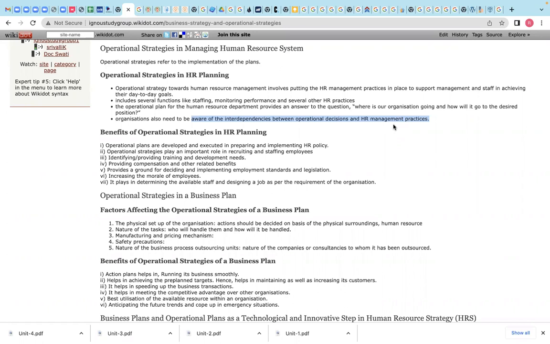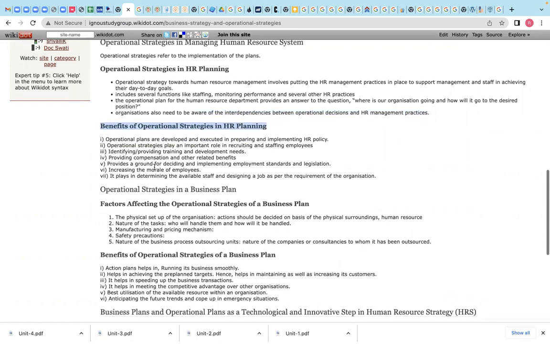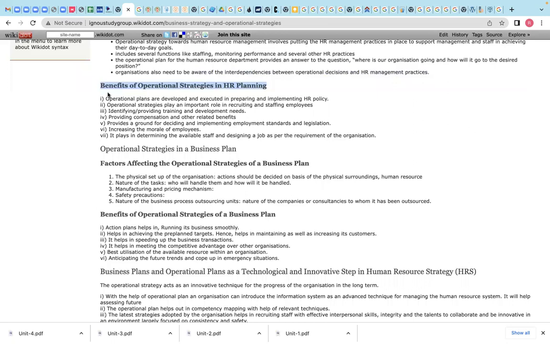What are the benefits of operational strategies? Operational plans are developed and executed in preparing or implementing HR plans. The strategy is going to be useful in implementing HR policy, in preparing to the next level of details.